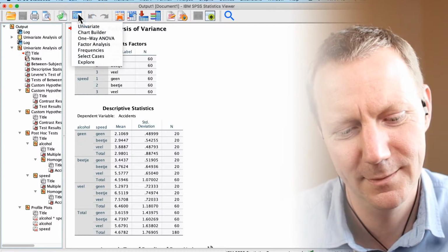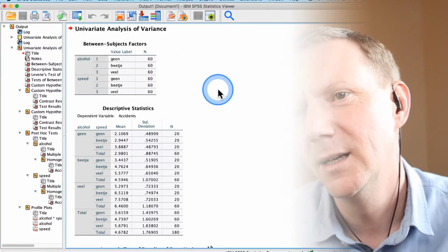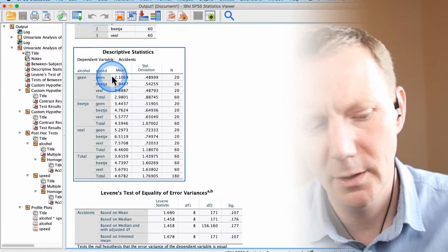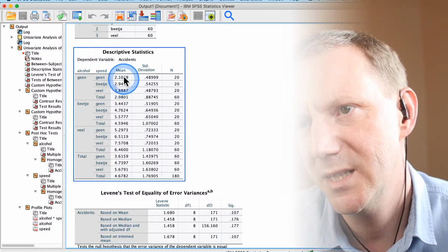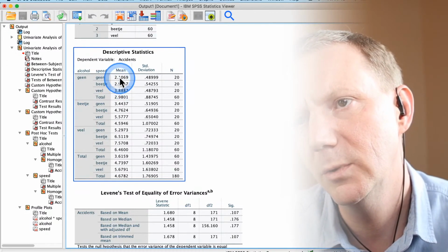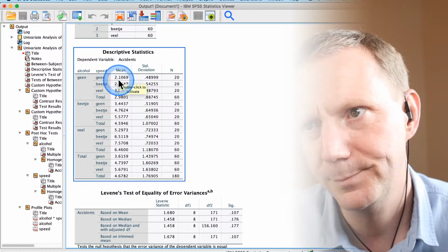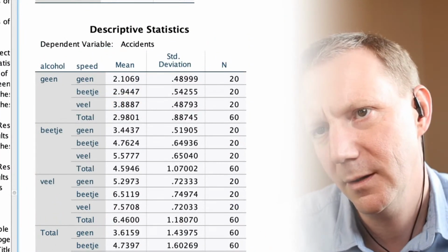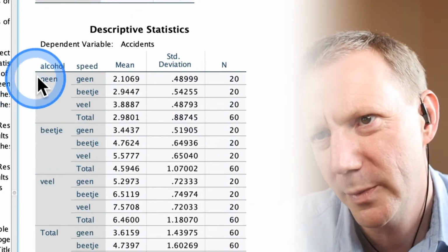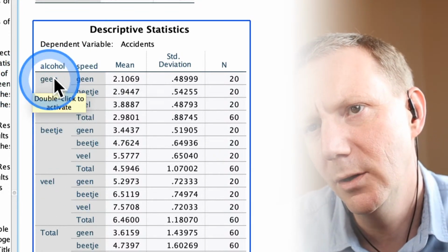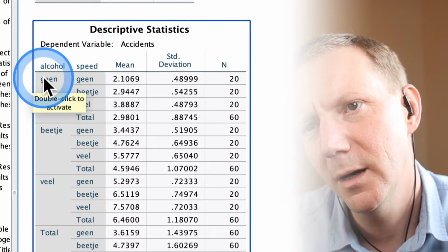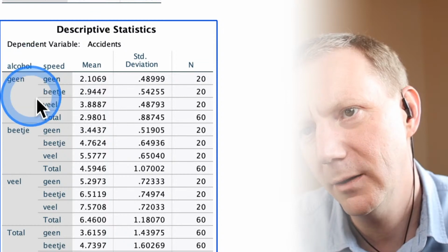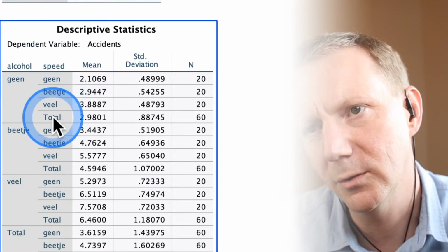See it? Okay. So now, again, the group size, but also the means, because we asked for descriptive statistics, so you know which group means you have. And if you look at these, this is a little bit of a mind bend to interpret. So you have no alcohol, no speed; no alcohol and a little bit of speed; and no alcohol and a lot of speed; and you have total.